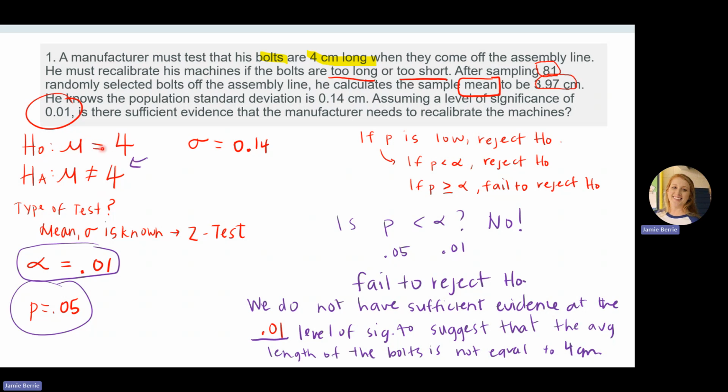So we don't have enough to say that it's not equal to 4 centimeters. As of right now, we tried to challenge this assumption that the mean was equal to 4 centimeters, but we didn't have enough evidence to disprove that. So we can just assume that the mean is truly 4 centimeters.